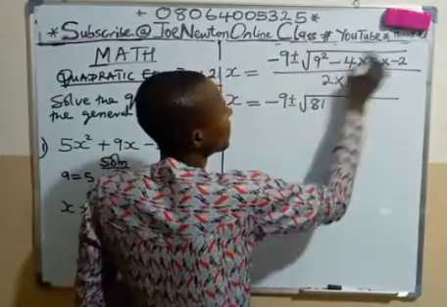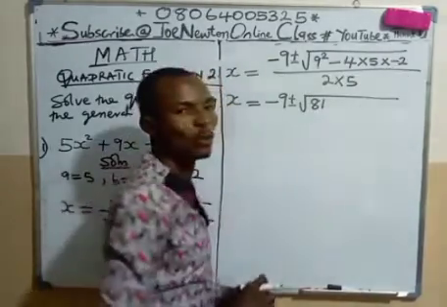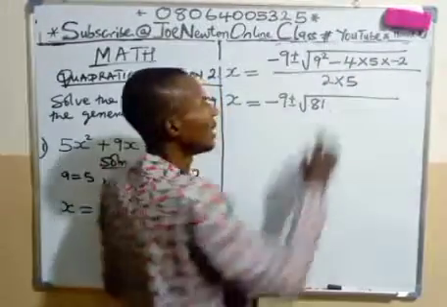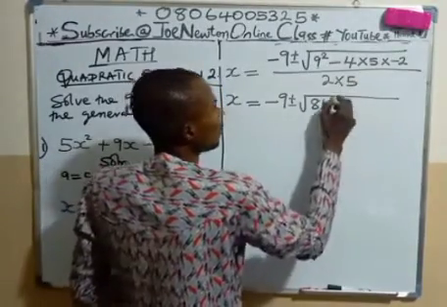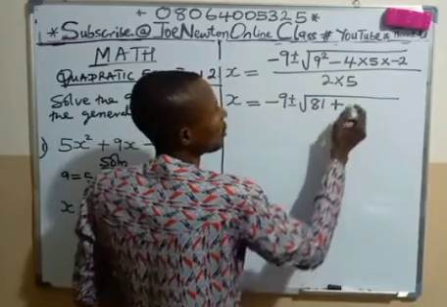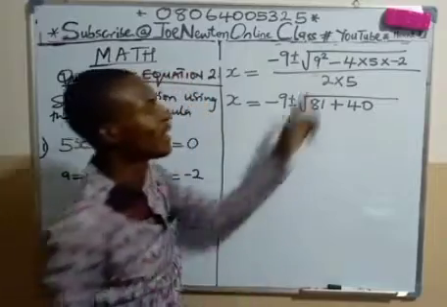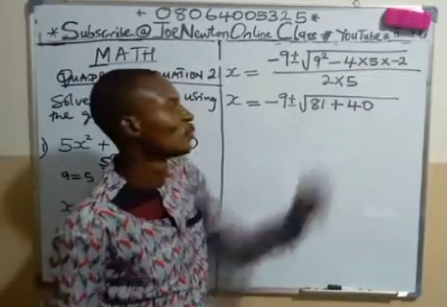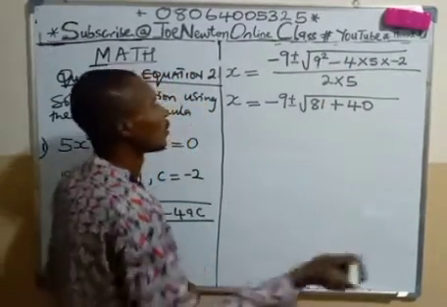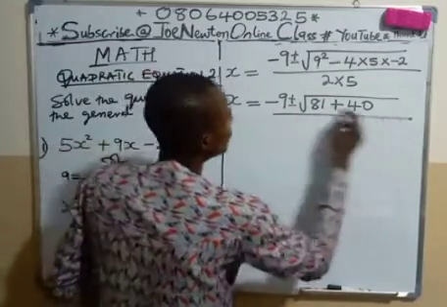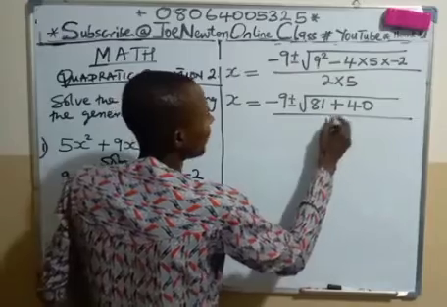The minus times minus here will give us plus. So be mindful of this sign convention here. Minus times minus is plus. So we have 81 plus 40, because 4 times 5 is 20, and 20 times 2 is 40. Then we continue, all over 2 times 5 is 10.